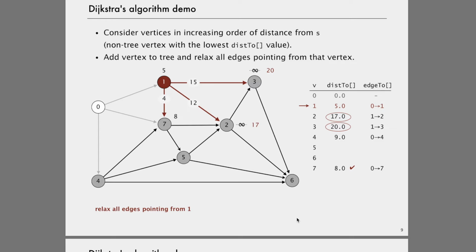So now we have 0 and 1 on the tree, and we would consider the next closest vertex to the source. What we have in this array is the shortest path to all the vertices that we have seen so far. In this one says that we have been to 0 and 1, so the next closest is 7, which is distance 8.